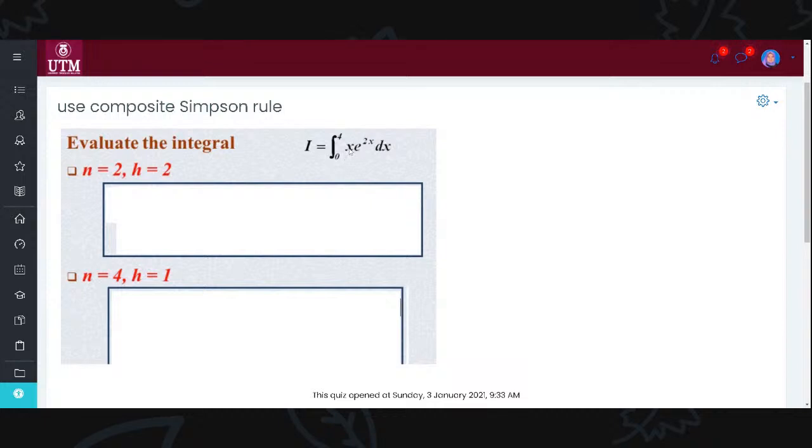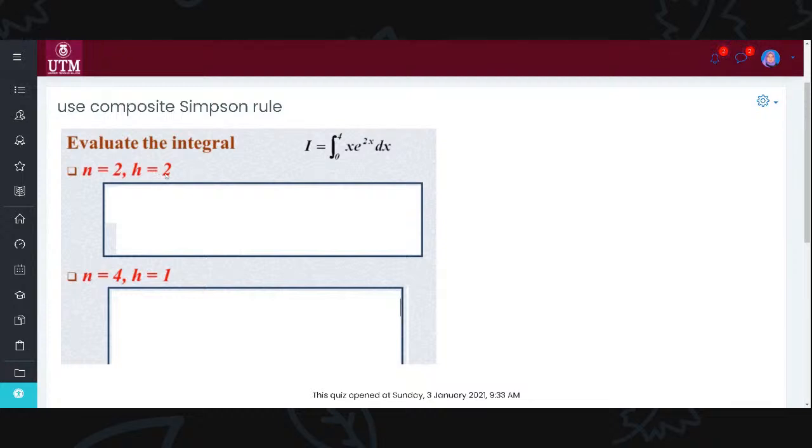The question: integral between 0 to 4 of x e^x dx using the composite Simpson's rule. I'm not asking to use 3/8 Simpson's rule because I need to check whether it is a suitable method. At this moment, I just want you to solve the integral of x e^x dx using two types of subinterval.